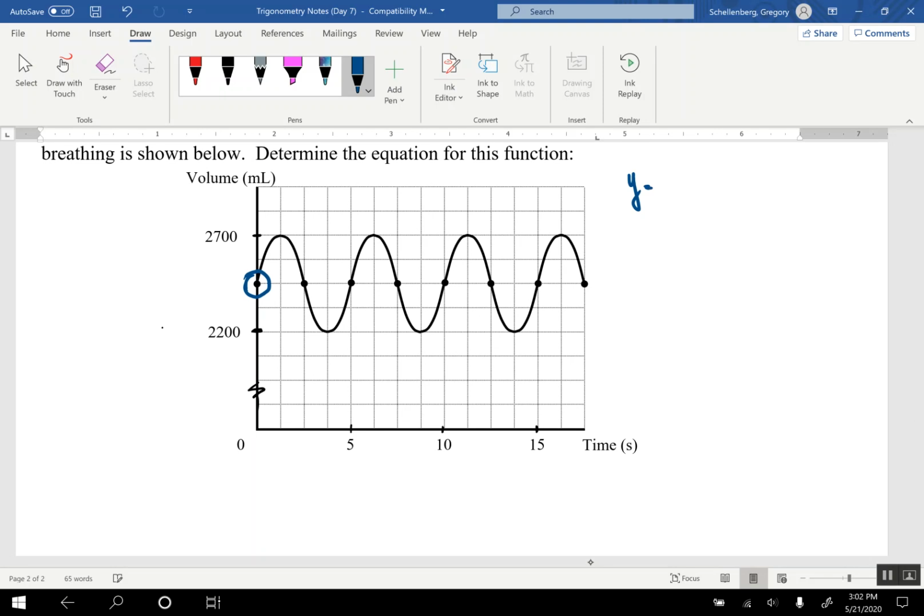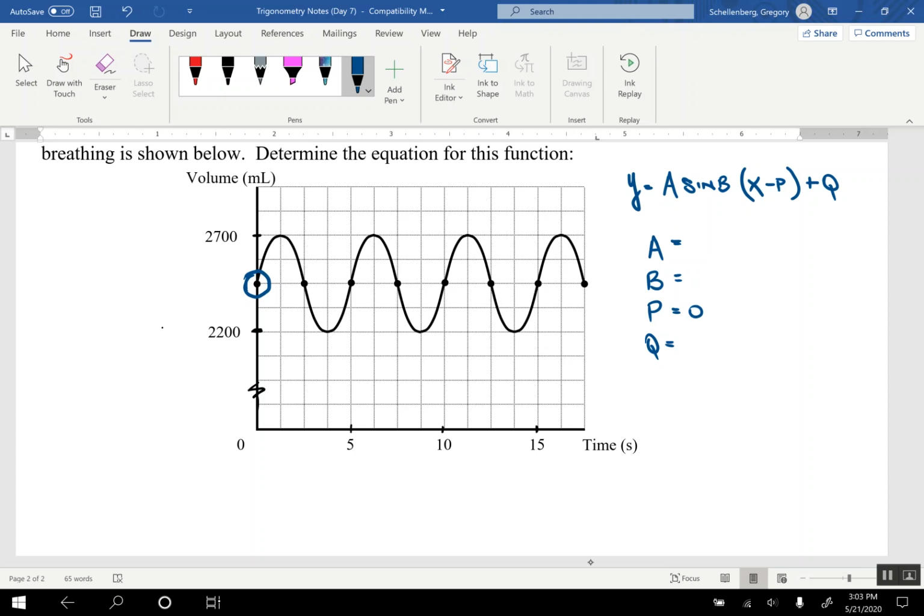So we're going to go y is equal to a times the sine of b times x minus p, even though we already know that there's no phase shift. Okay, so we got to determine a, b, p, and q. And we already know that there's no phase shift, so p is 0.